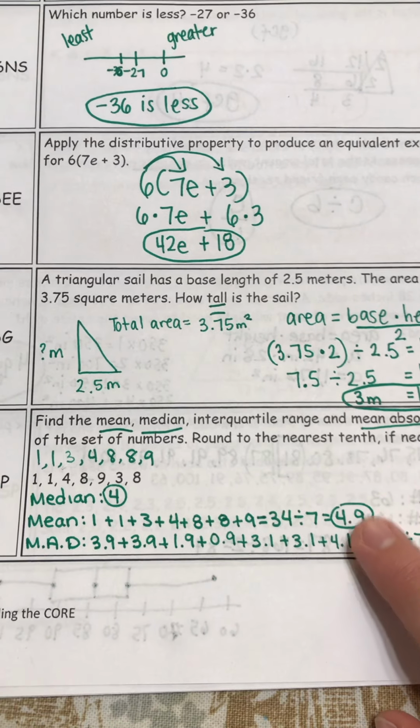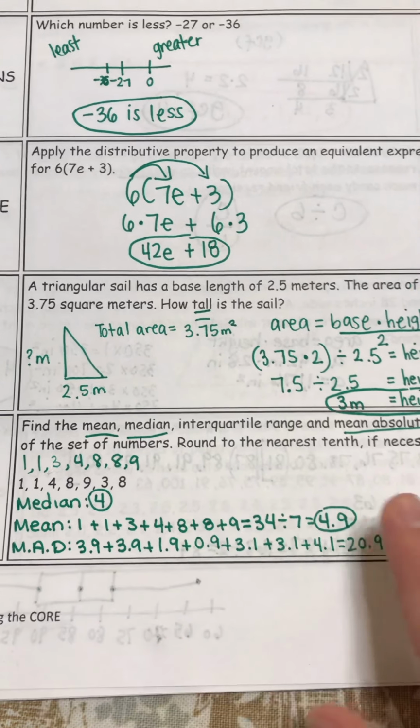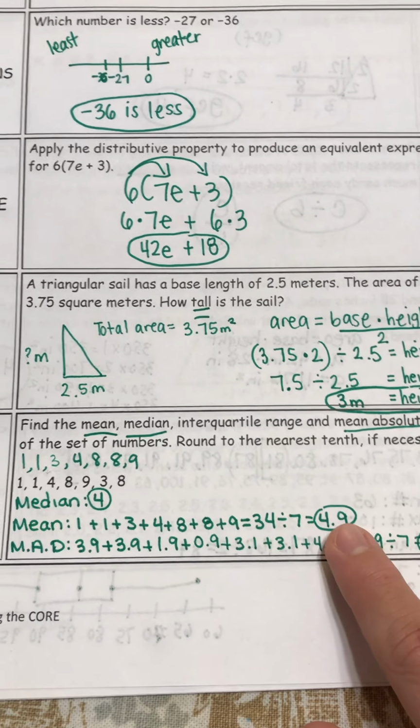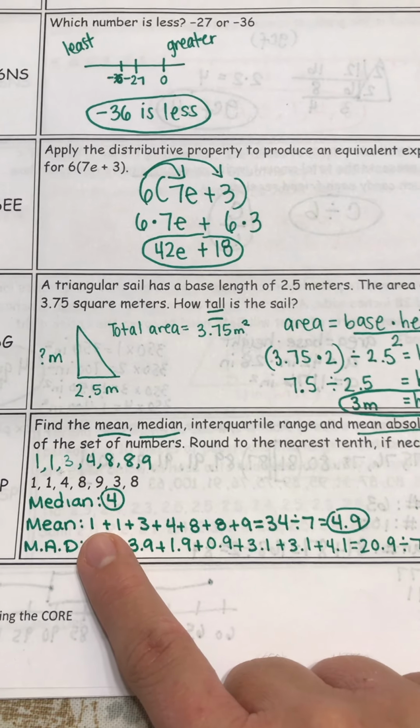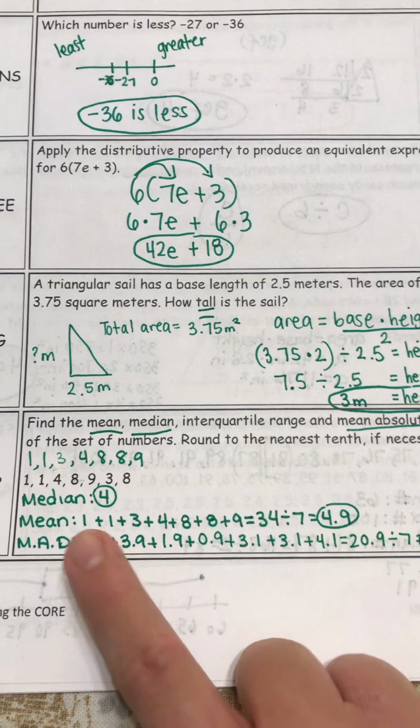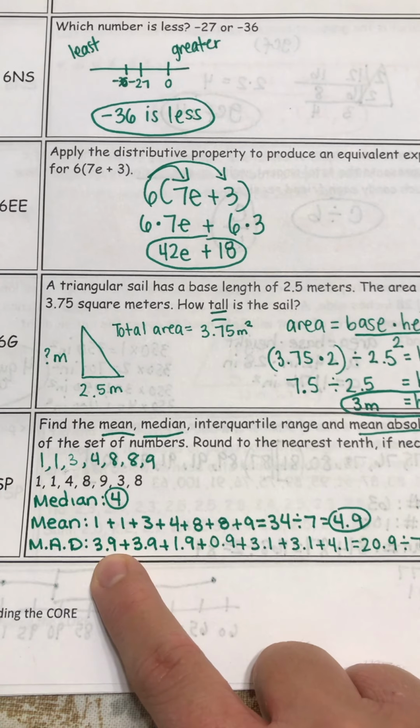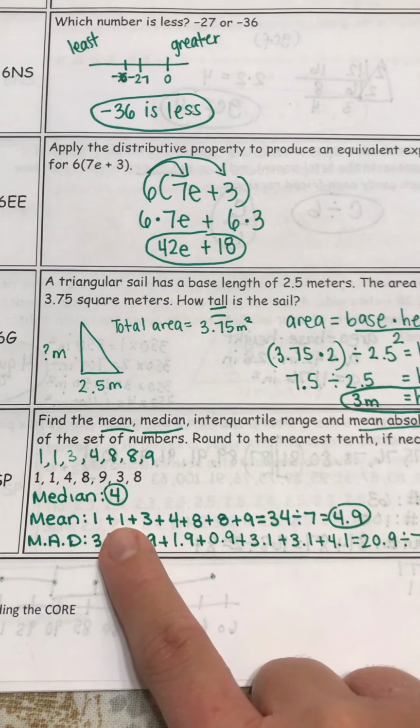Okay, this number we need to use to find the MAD. Remember, to find the MAD, we find the distance between the mean and each number in the data set, so we're subtracting. So 4.9 minus 1 gives us 3.9. We do that for each number in the data set.